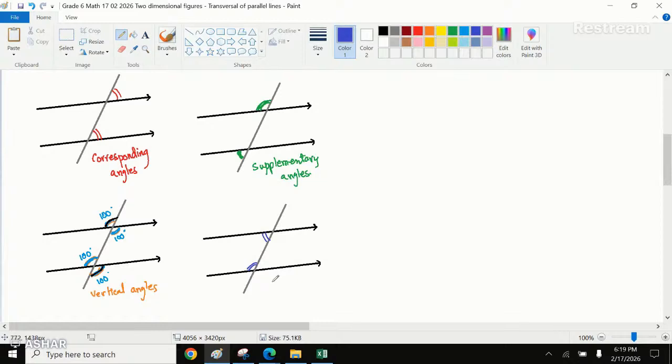Then these two angles would also be interior supplementary angles. And we know that the sum of supplementary, if this is x, this was y, then the sum of x plus y would be 180, right? Because they are supplementary angles. Agreed?